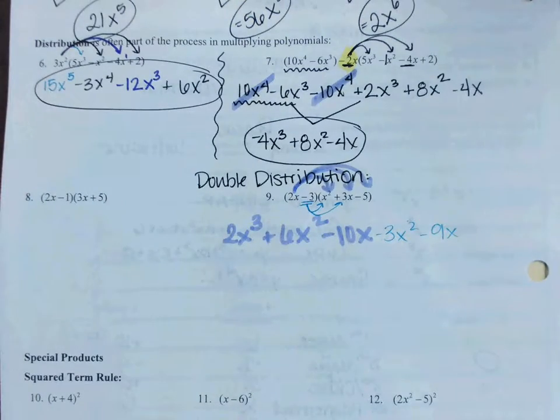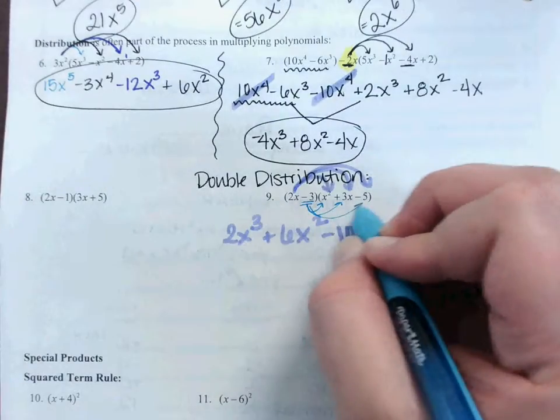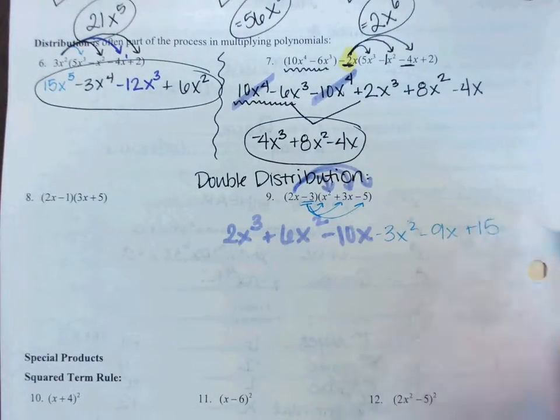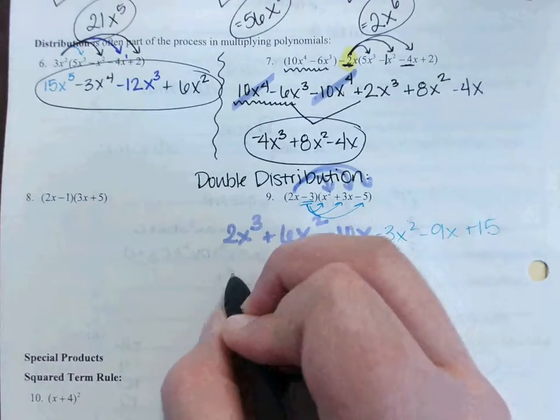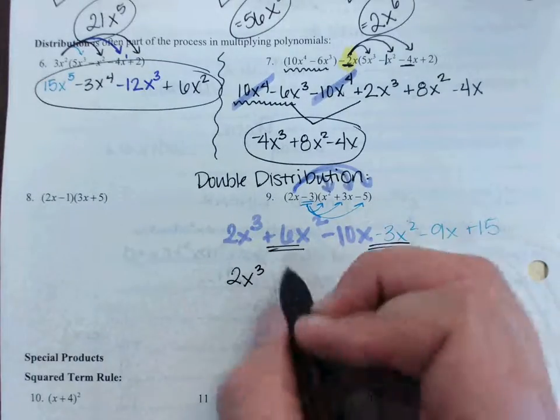And notice I don't have a squared because I only had the one x. And then minus 3 times minus 5, what do we get there? Plus or minus? Plus. Okay, good. They're both minus, so they give me a plus. Then I look through my terms to see what can combine. Okay, 2x cubed is the only of its kind. 6x squared minus 3x squared, how many stay?